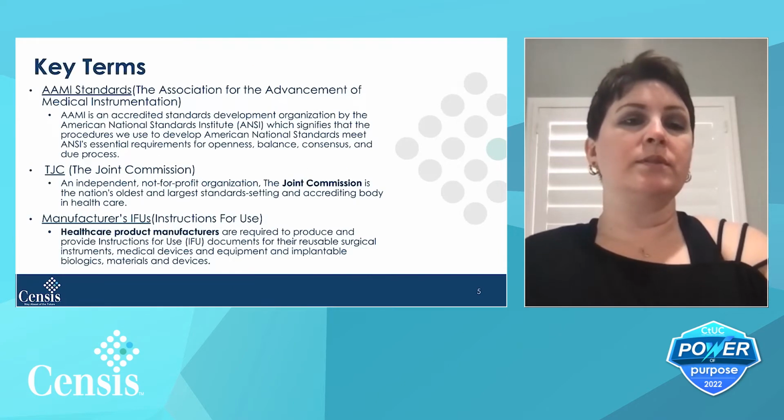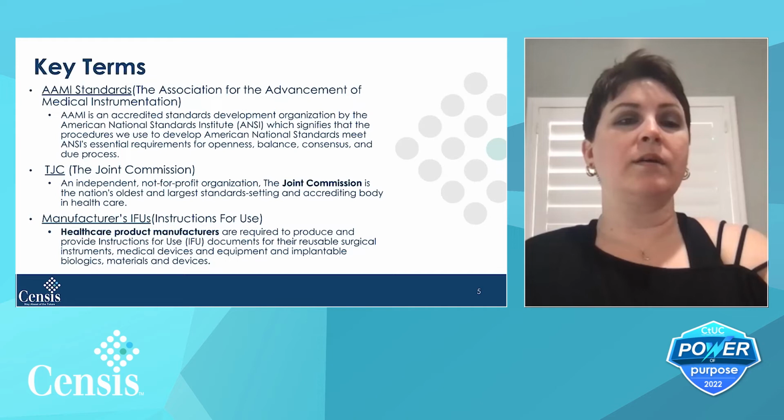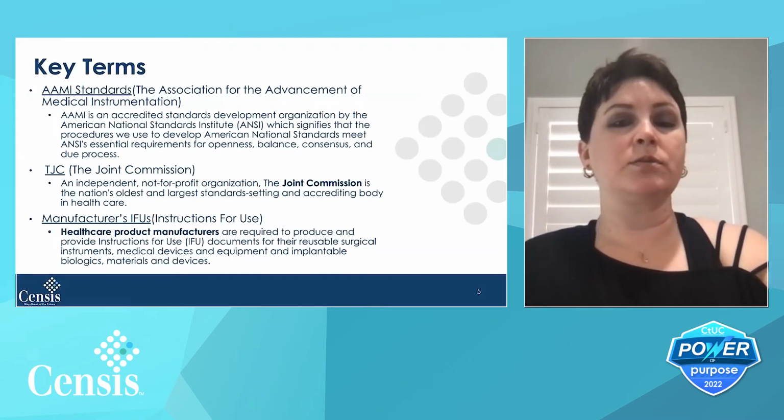Some key terms that you're going to hear from me today are AAMI standards, which is the Association for the Advancement of Medical Instrumentation. AAMI is an accredited standards development organization by the American National Standards Institute, also known as ANSI, which signifies that the procedures we use to develop American national standards meet ANSI's essential requirements for openness, balance, consensus, and due process.